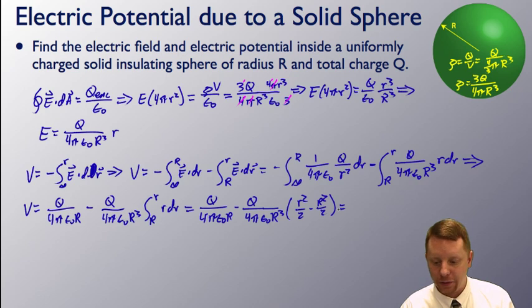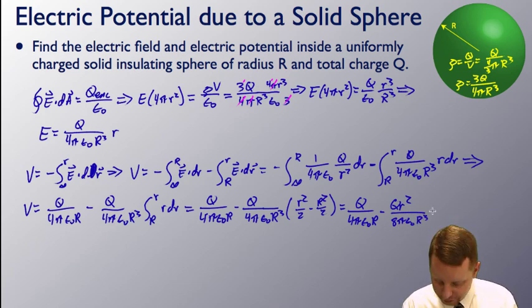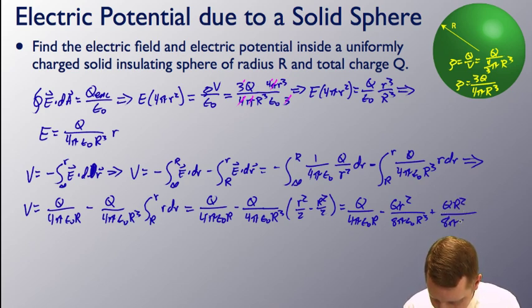Now just a little bit of algebraic simplification. That's going to be Q over 4 pi epsilon naught capital R minus Q little r squared over 8 pi epsilon naught capital R cubed plus Q capital R squared over 8 pi epsilon naught capital R cubed.